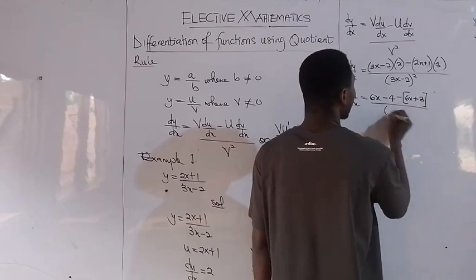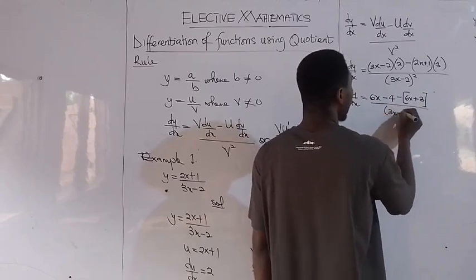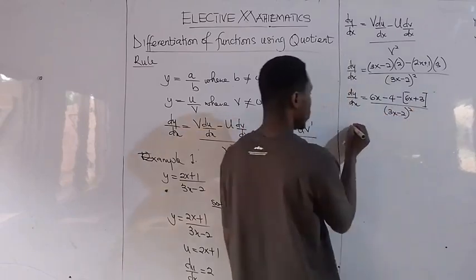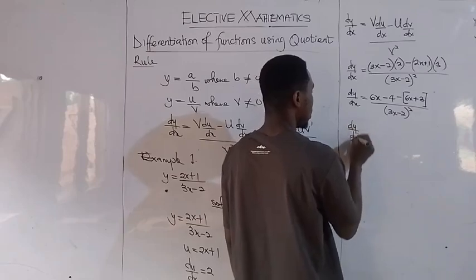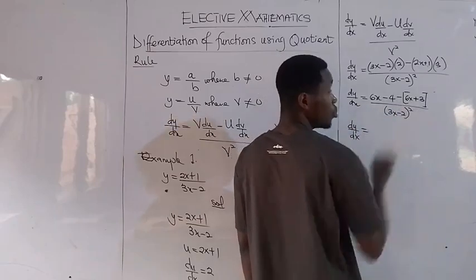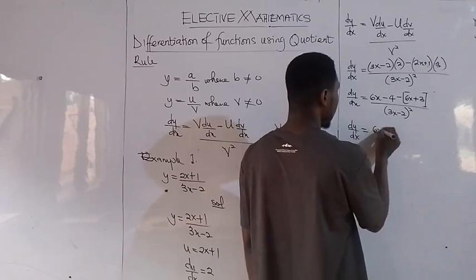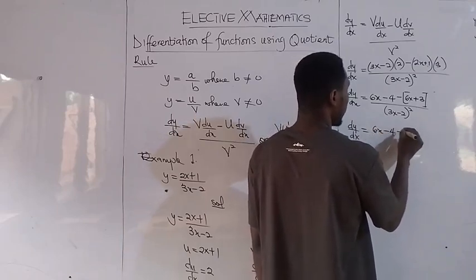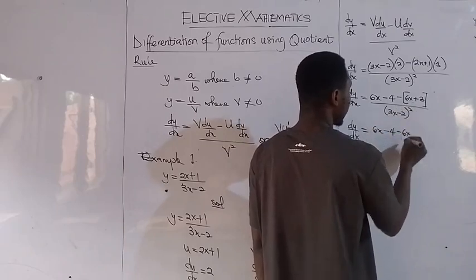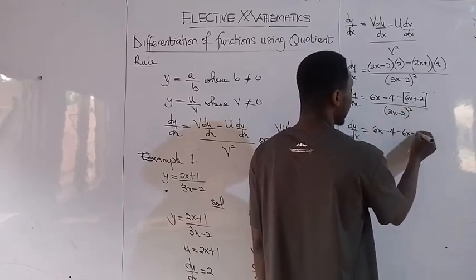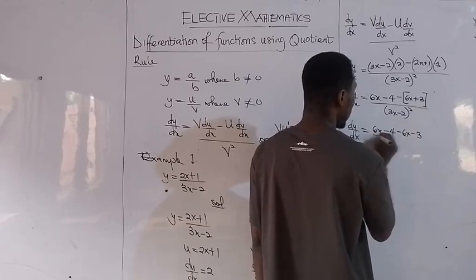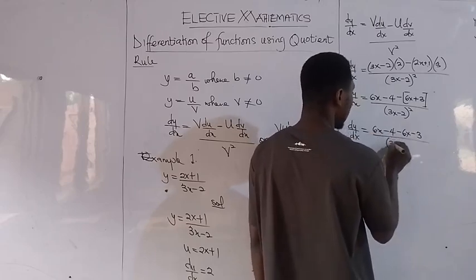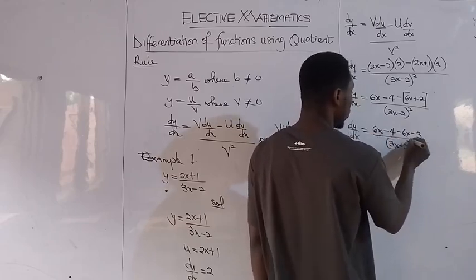Then divided by 3x minus 2 all squared. So our dy dx is equal to, you expand, 6x minus 4 minus, you put bracket now, 6x plus 3, all over 3x minus 2 all squared.